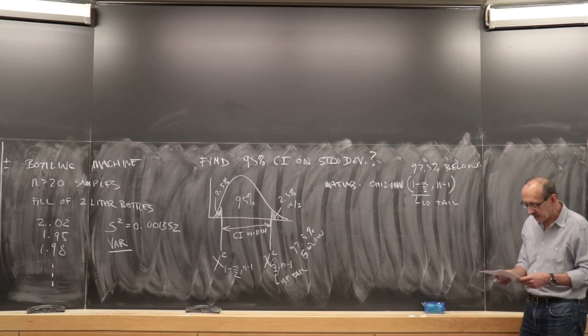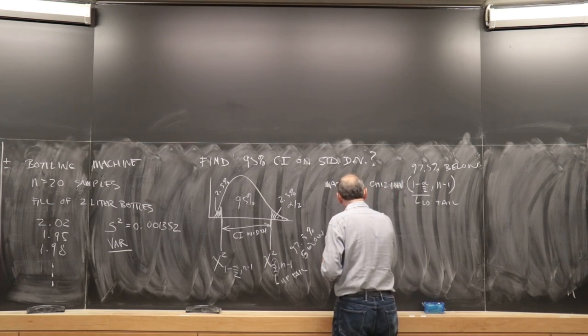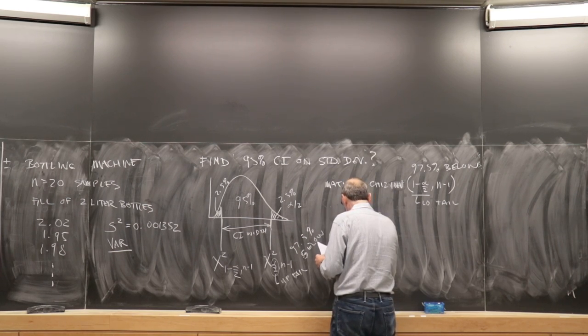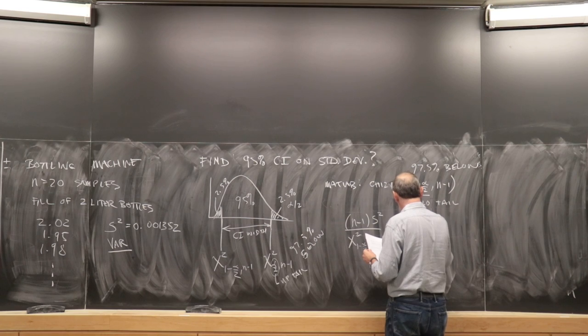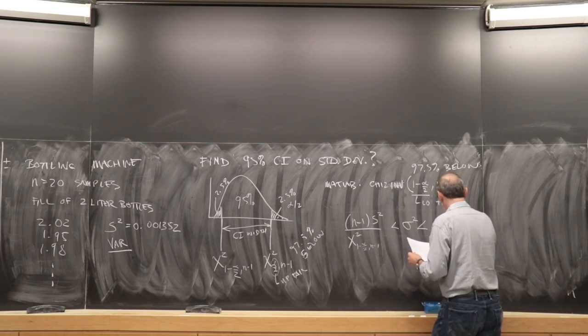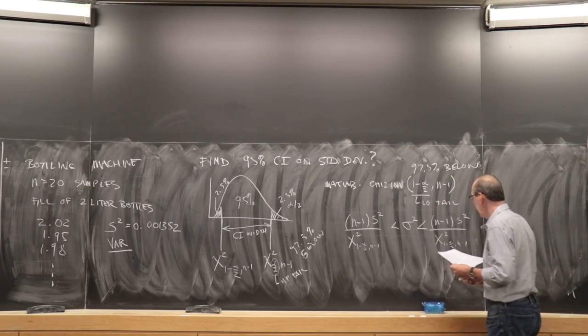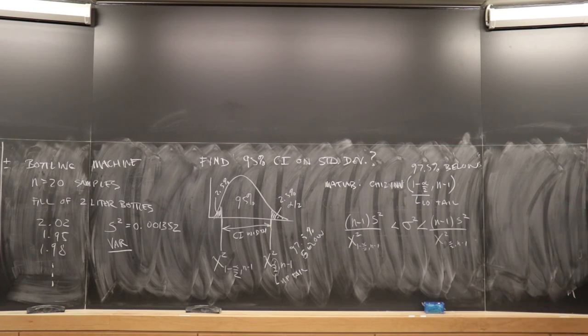Now, when you actually go to calculate the confidence interval, we use the formula n minus 1 times s squared over chi-squared 1 minus alpha over 2, n minus 1, is less than sigma squared is less than n minus 1 times s squared over chi-squared alpha over 2, n minus 1.